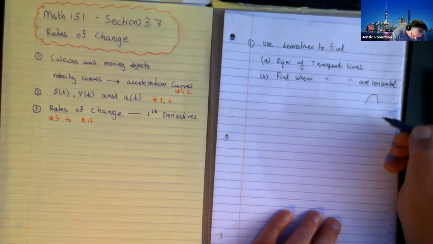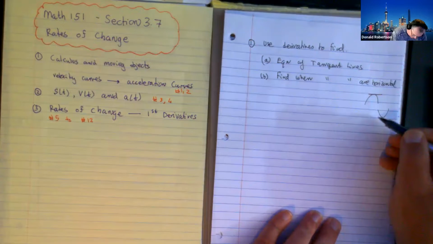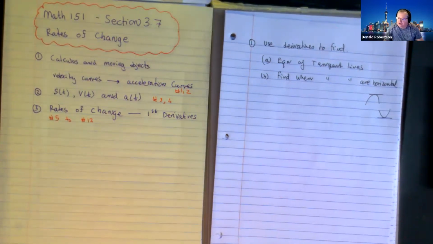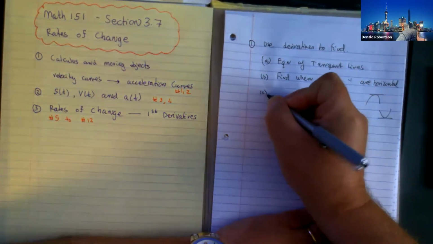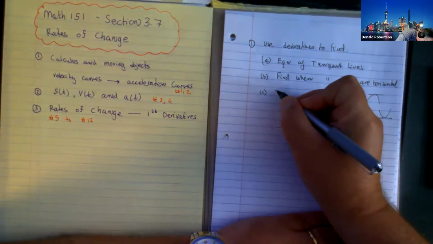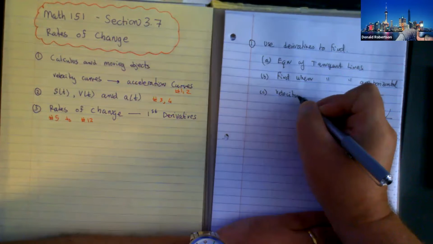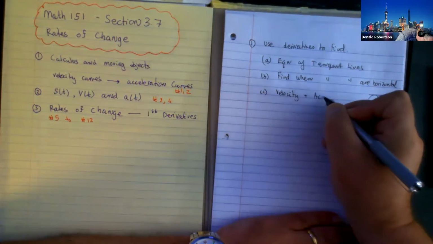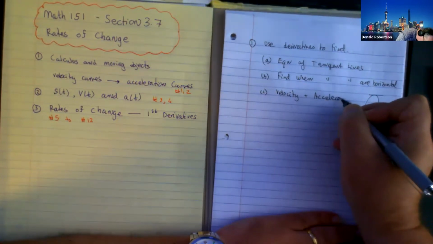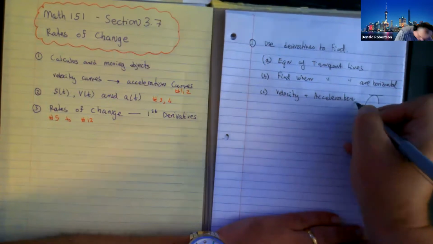Didn't that basically end up being, we can find places in the curve where there's hills and valleys? Right? We've used it to do that. Haven't we used derivatives to find velocity and acceleration?